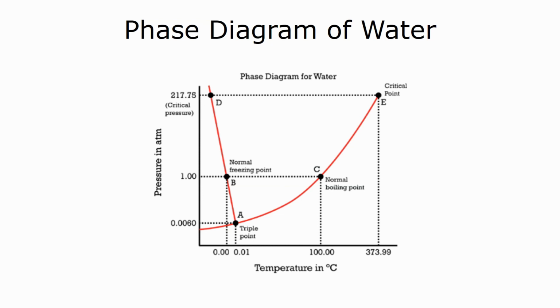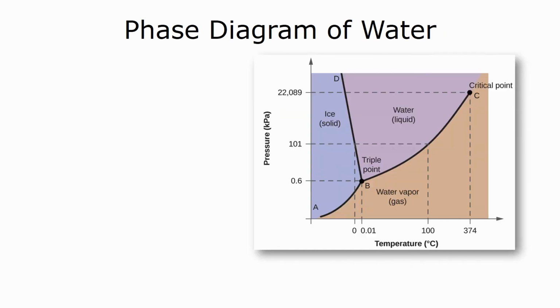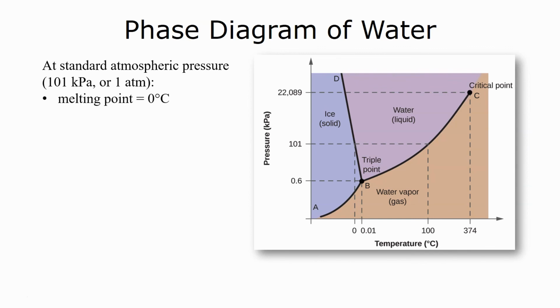And of course, we have some much more complicated phase diagrams that we don't talk about in this class, but they do exist. Now, going back to the phase diagram for water, we can actually determine a lot of information from this. At standard atmospheric pressure, 101 kilopascals, or 1 atmosphere, the normal melting point, that's the melting point at atmospheric pressure, is 0 degrees Celsius.